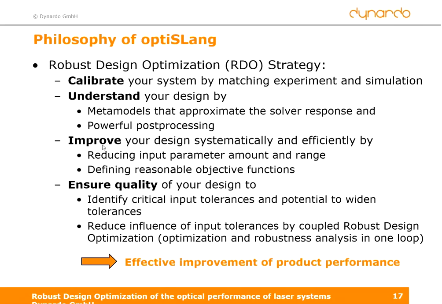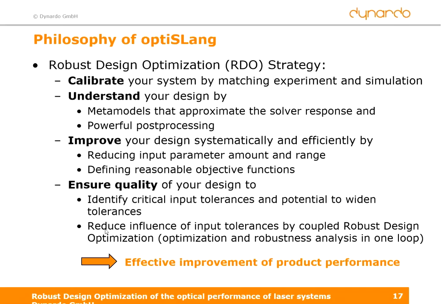And then you improve your design systematically by reducing the input parameter amount and range, and by defining reasonable objective functions. And then you can ensure the quality of your designs by identifying critical input tolerances, and also you have the potential to widen tolerances.